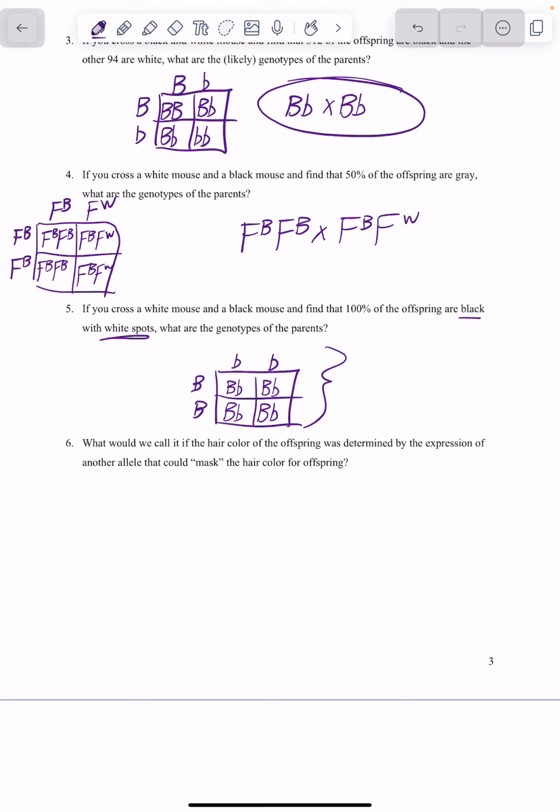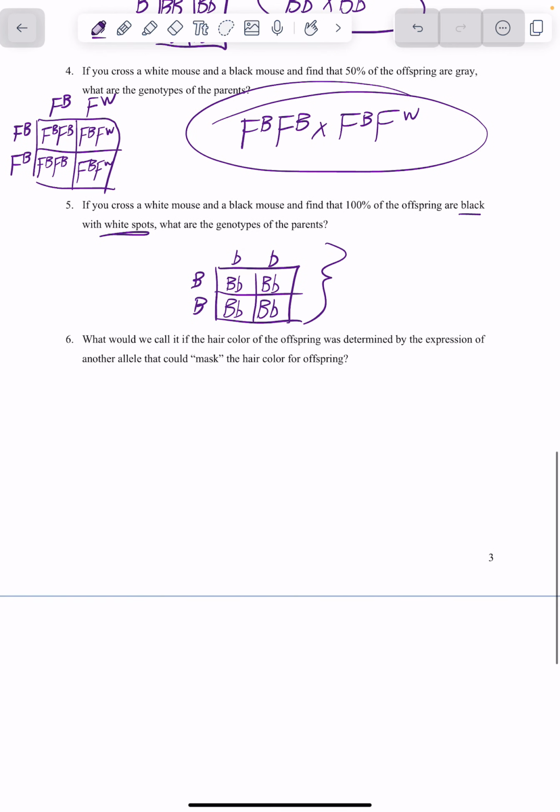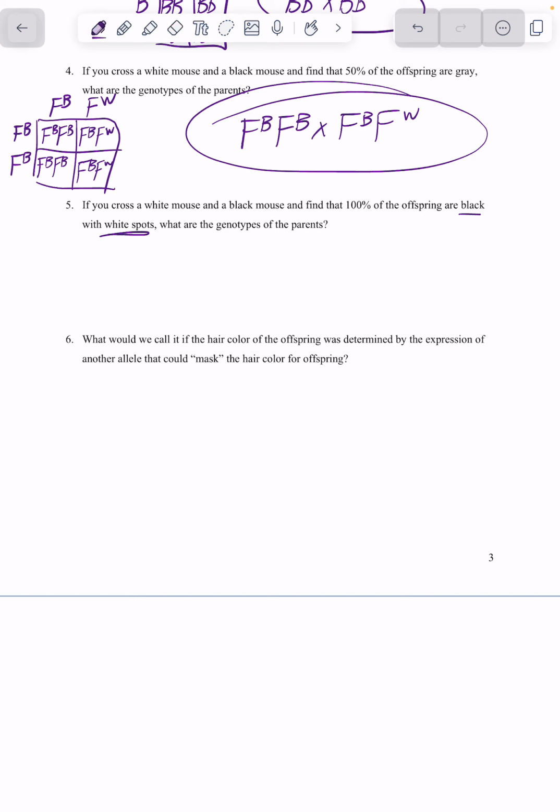Right, so let's go down here and fix this one as well. If 100% of the offspring are black with white spots, that means 100% are heterozygous, and because one's not completely dominant to the other, we can designate those individuals like this, genotypically. And if all of our Punnett square looks like that, let's see if I can cheat a little bit here.